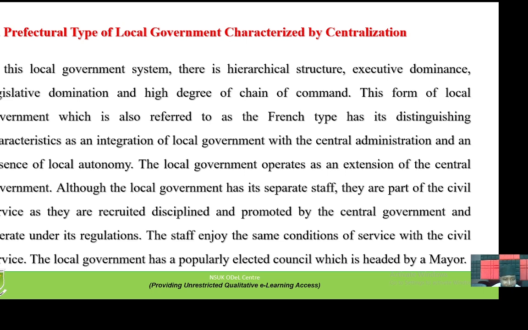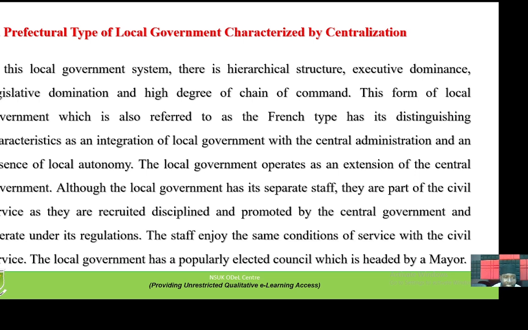The local government system, as an organ or entity, is an extension of the central system. It is not like the other systems, such as the presidential local government, where the local government is more of an autonomous entity that enjoys autonomy.